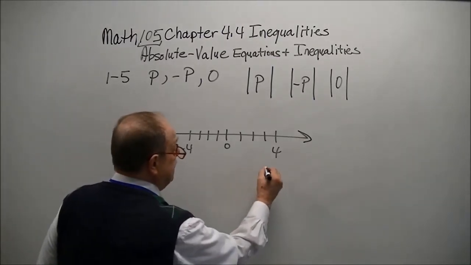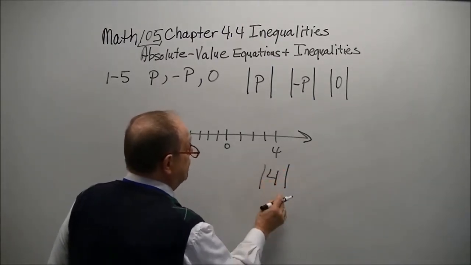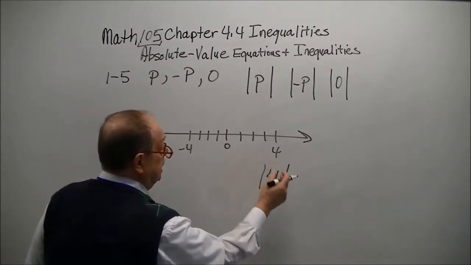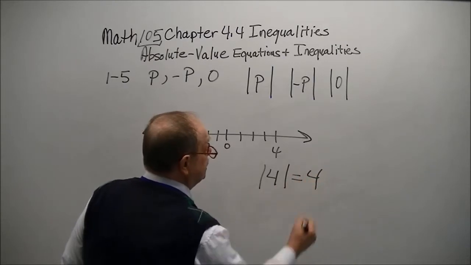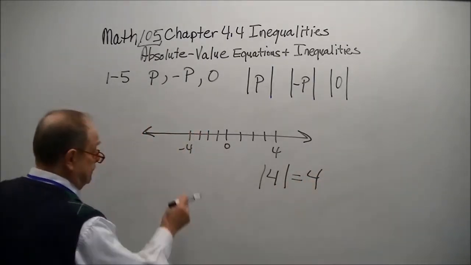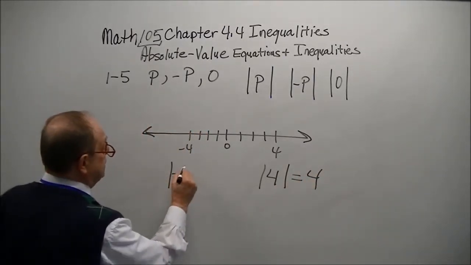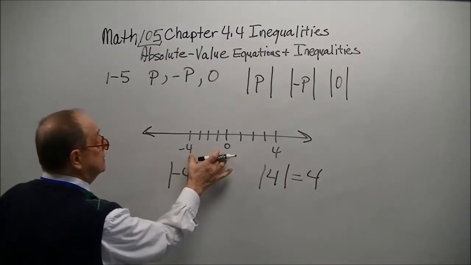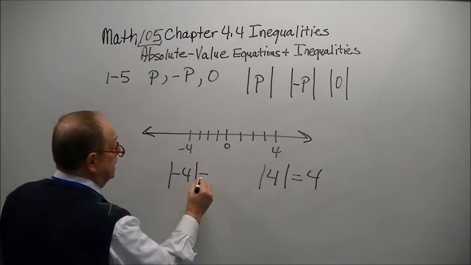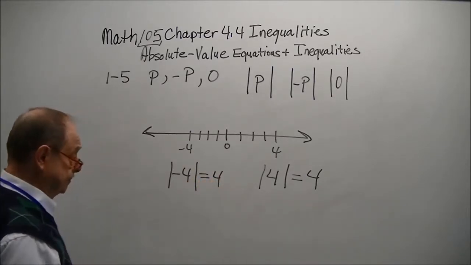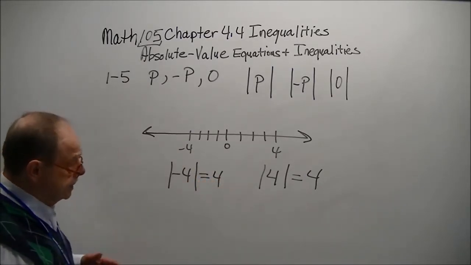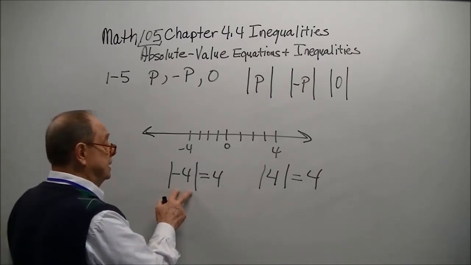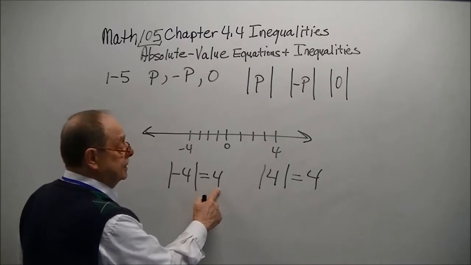So if we said the absolute value of 4, its distance from 0 is 4 units. If we looked at the absolute value of negative 4, its distance from 0 is 4 units. So often in a short way we say the absolute value of anything is its positive value.